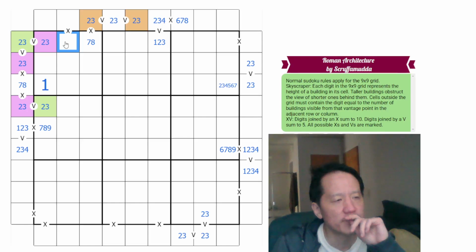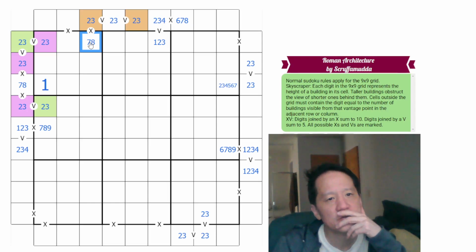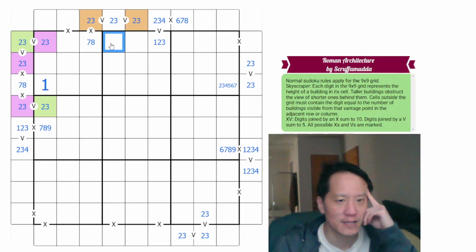So this could not be 9, but then it would see 3 digits here. So say this was a 3. This would have to be 2. This has to be greater than 2, so it would see that one. I guess it could be 8, and then this is 7. And then this is 9. So that's possible still. Unlikely, but possible.